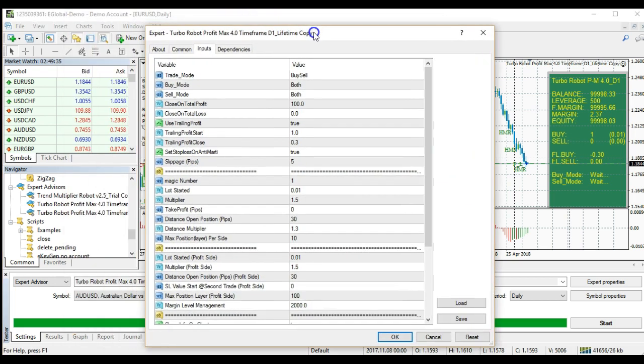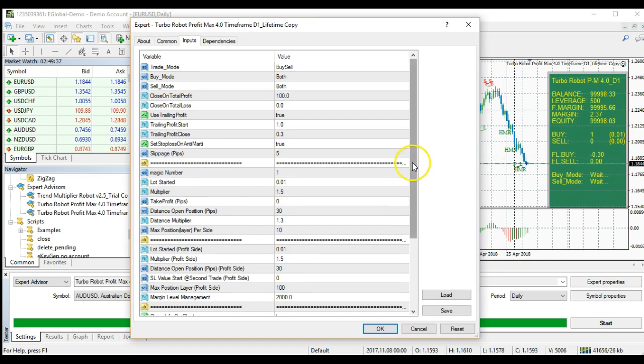This is the portion where we will have the settings. On your inputs tab, there is a setting for the trial version, an encrypted key. But remember, this is a lifetime copy, so it doesn't have any restriction and doesn't need an encrypted key to install.